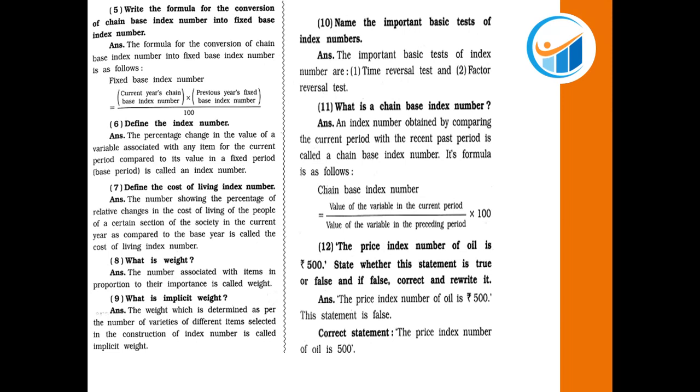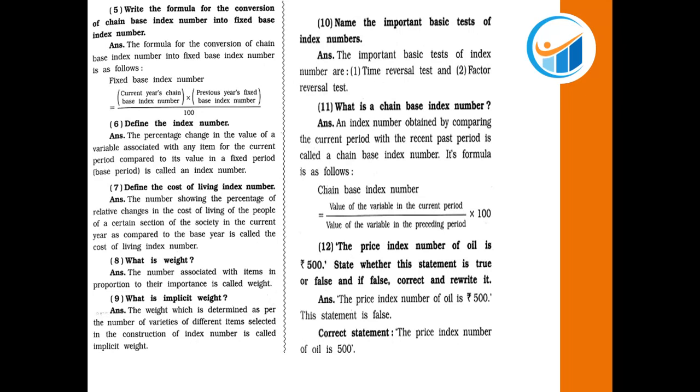One is known as the time reversal test and another is known as the factor reversal test. So the important basic tests of index numbers are the time reversal test and the factor reversal test.